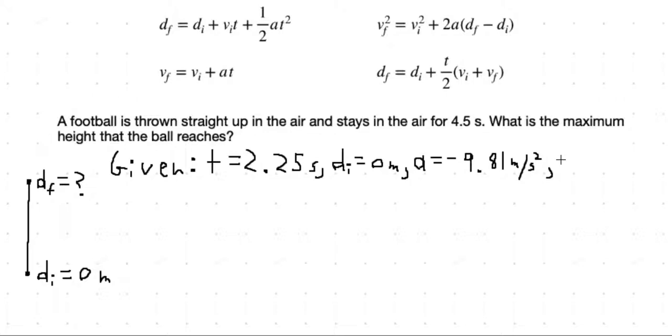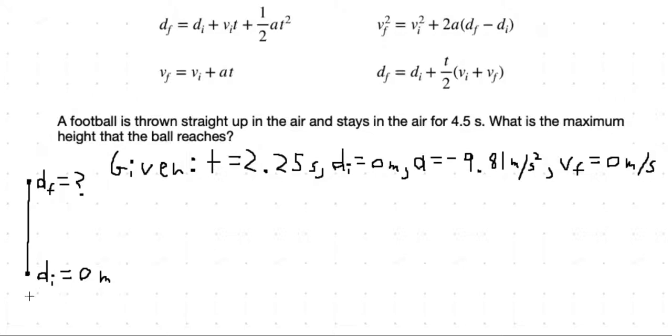So vf, the final velocity, is going to be 0. And again, we're choosing that as our final velocity because we want to know what the maximum height is. So that does it for everything we're given.